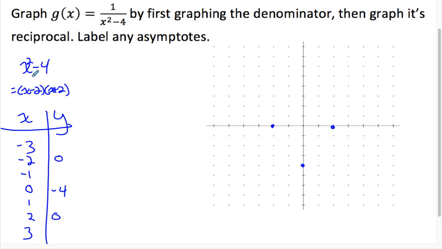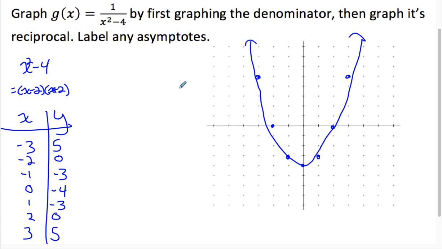Negative 1, if I plugged it in, I would get negative 3, which means the same thing for 1. And then 3, if I plugged it in, I would get 5, which means the same thing for here. So I have some points I can plot here. So here's what x squared minus 4 looks like.